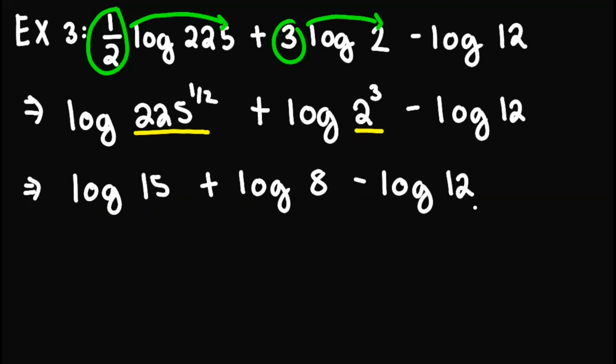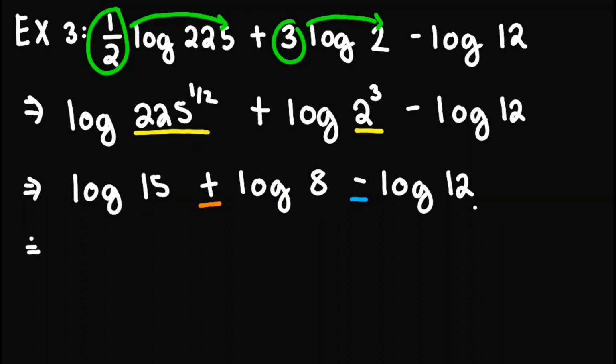And from here, we can now apply the first two laws of logarithms. So again, we have a plus sign out here and a minus sign out here. And we have similar logarithms or logarithms with the same bases.